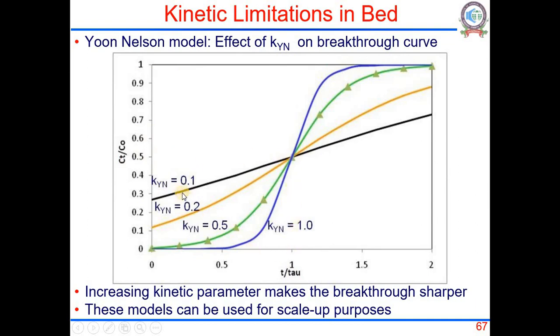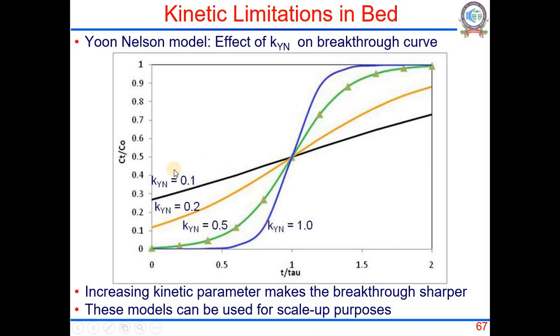Now if we increase this KYN, that means the rate of adsorption is becoming faster and faster. It's as if we have eliminated the mass transfer resistance, or the mass transfer resistance is smaller and smaller. Pore diffusion resistances are smaller and smaller. Adsorption is happening faster and faster. That means the breakthrough curve is going to behave more and more like the idealized one.